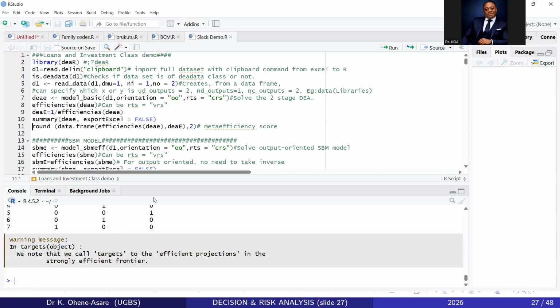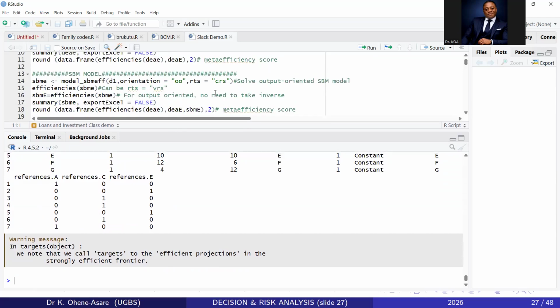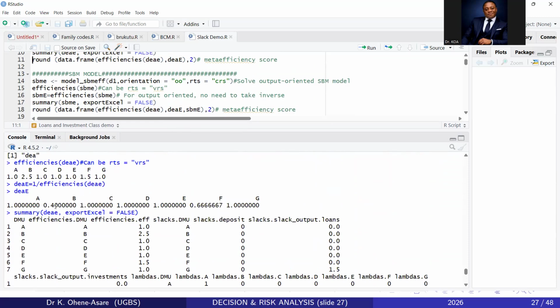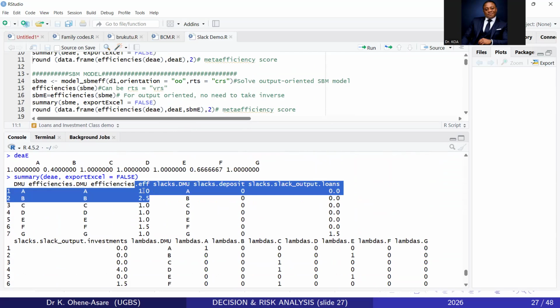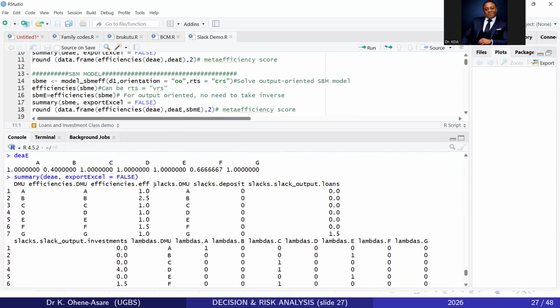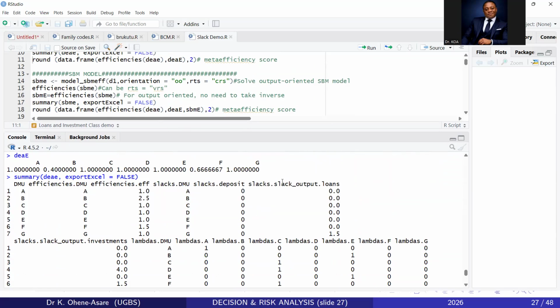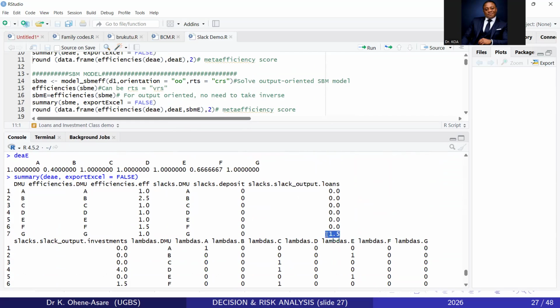It's a lot. As you can see here, it's shown a lot of things. Look here. It has given you the efficiency score in an output-oriented section. It has given you the slacks. It has given you the slacks for the deposit. There's no deposit slack. There are some loan slacks, at least for Jane.